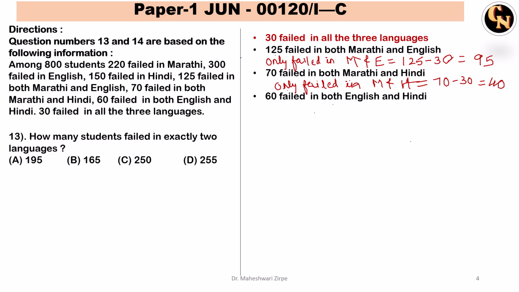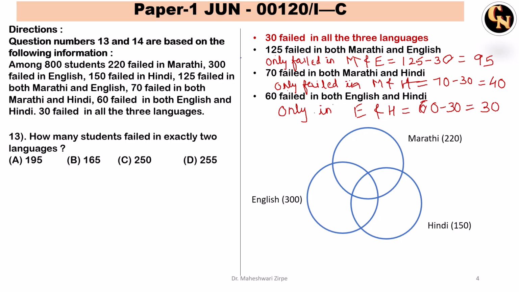Similarly, for only failed in English and Hindi, that will be 60 minus 30. So 60 minus 30 comes out to be 30.